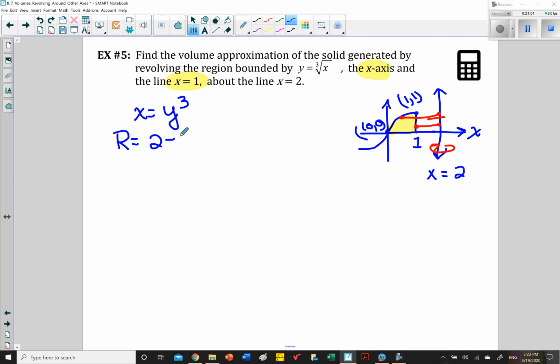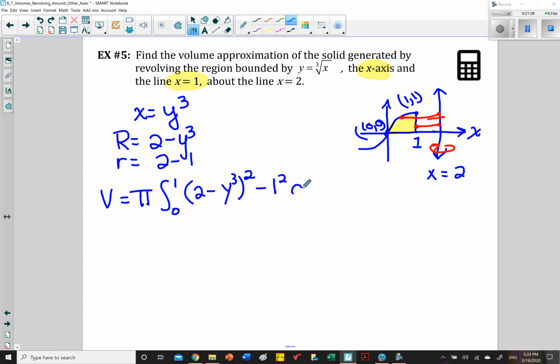Inner radius is 2 minus 1. So the volume is pi from 0 to 1. I'm making the assumption this needed to be worded better. 2 minus y cubed squared minus 1 squared dy.